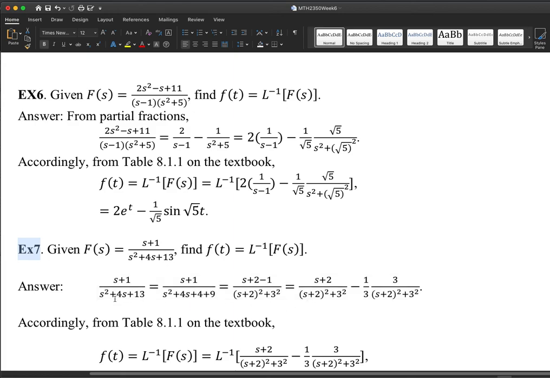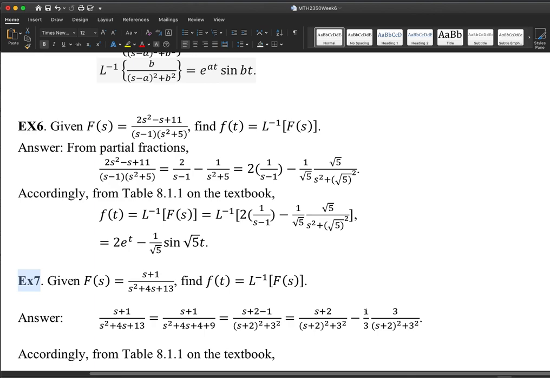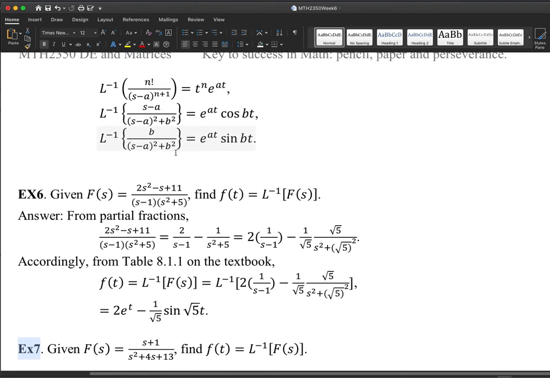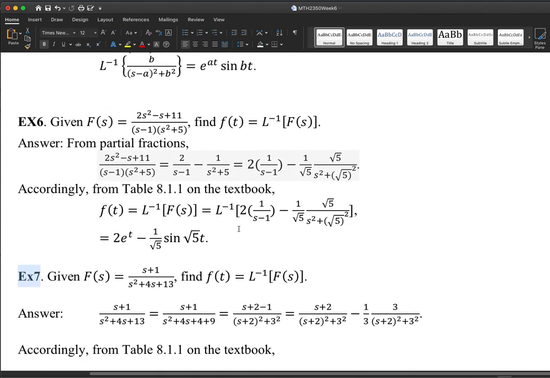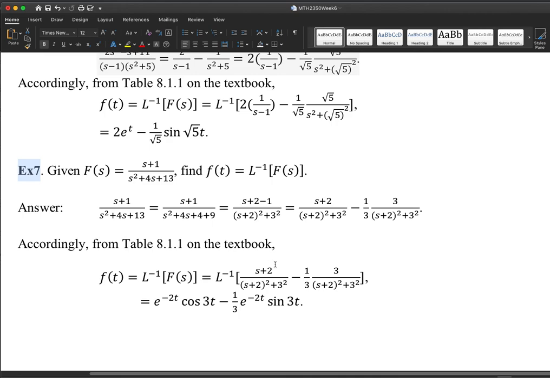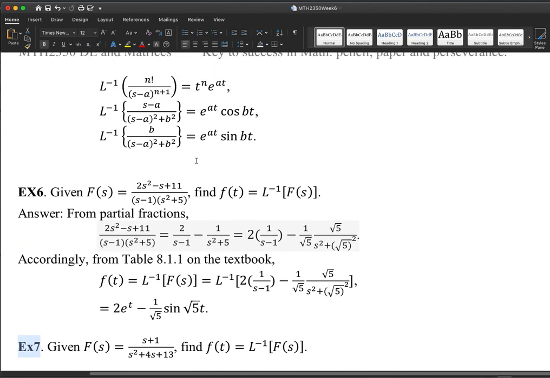In this case, the denominator cannot be factored. And indeed, the denominator turns out to be the sum of two perfect squares. And in that case, each part would match these formulas, e to the at cosine bt and e to the at sine bt. So this is what I got, realizing those two inverse transformation formulas.